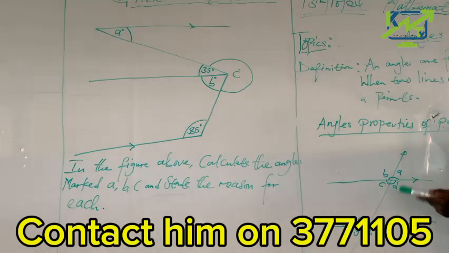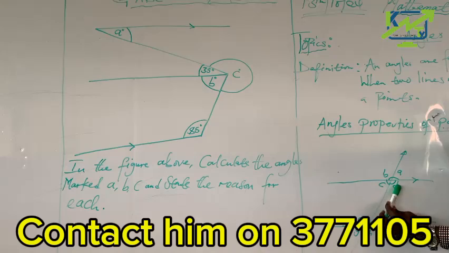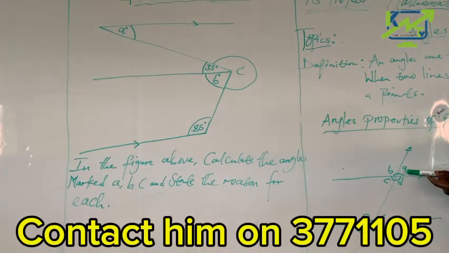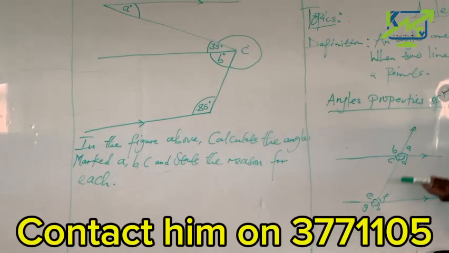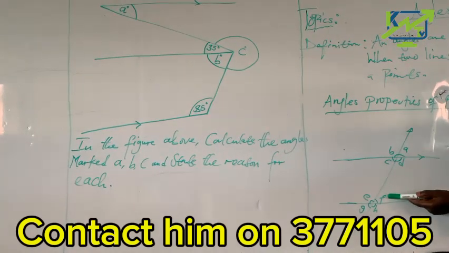When one is outside the parallel lines and the other is inside the parallel lines, but they are both on one side of the transversal line, they are equal. If this is 30, obviously F is also 30. Likewise, D and H are also corresponding angles.